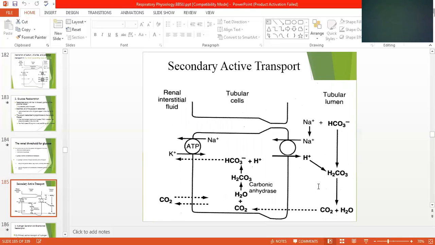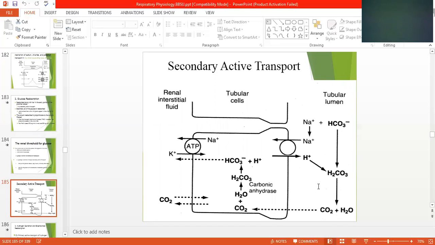This is a figure of the secondary active transport. This is how the bicarbonate is formed. Carbon dioxide combines with water, with sodium and bicarbonate, forming carbonic acid.